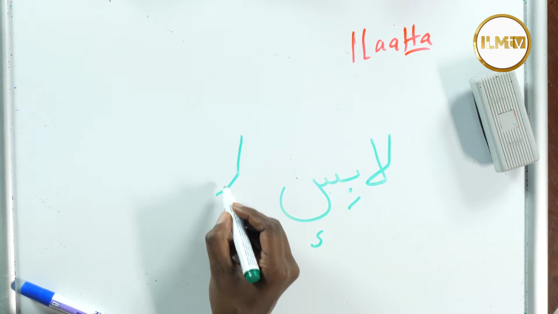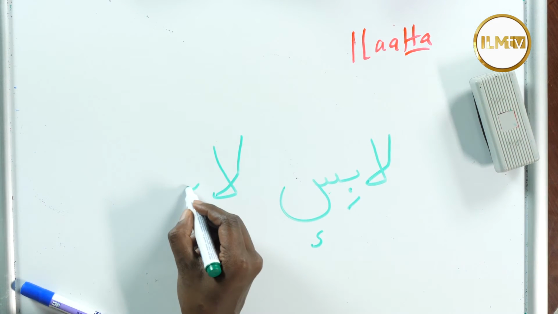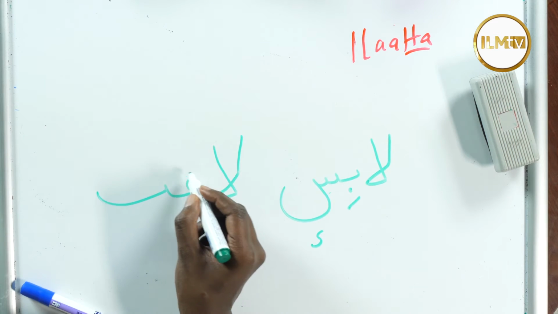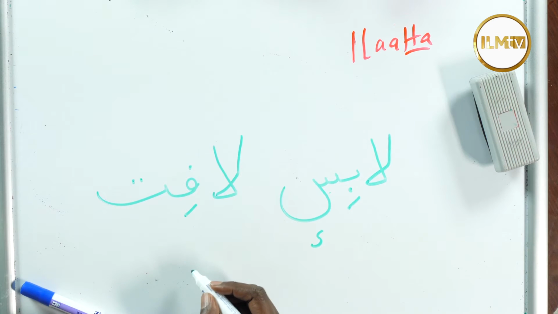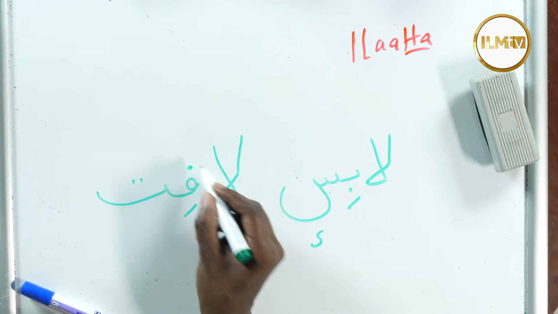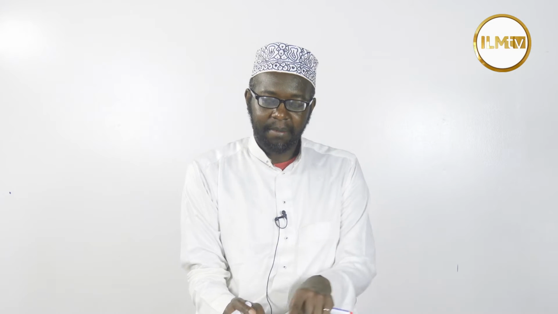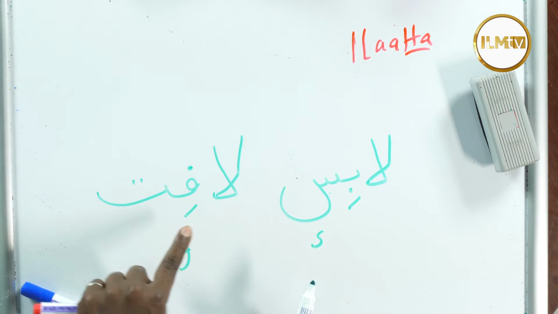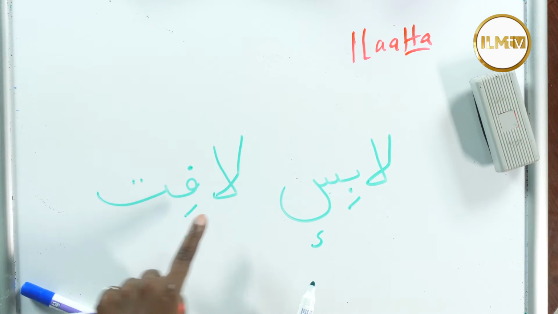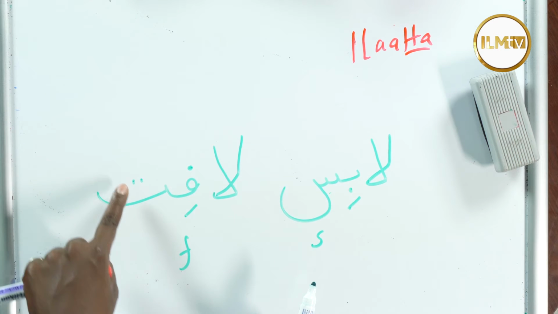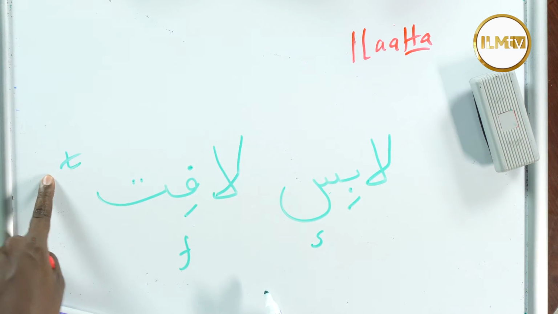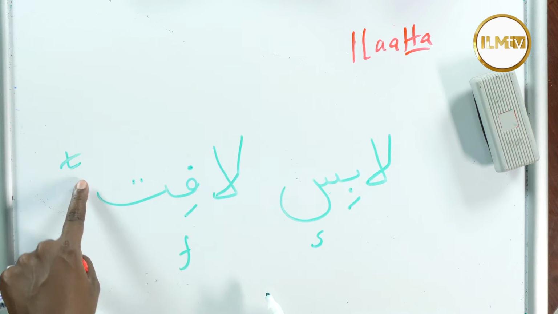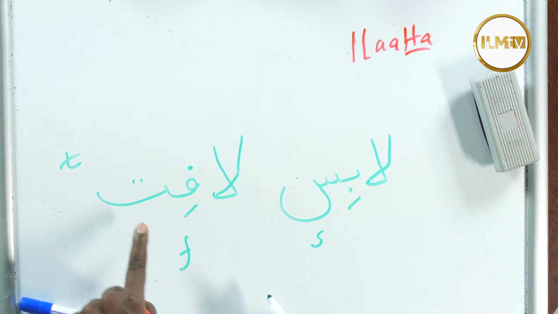Let's have another example. Which letter is this? With an F, so it becomes la, this is an E, la, fi. Two dots up is a T. La, fit.